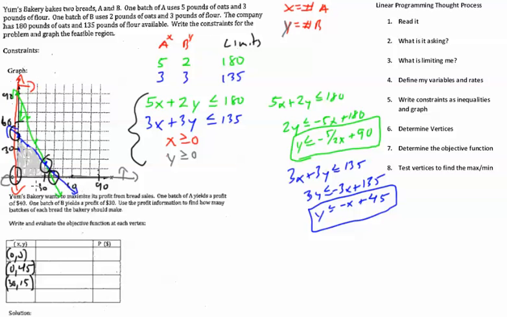And then I need to find my x-intercept for the oats. So when y equals 0 here, I'm left with 5x is less than or equal to 180. Divide both by 5, that's 36.